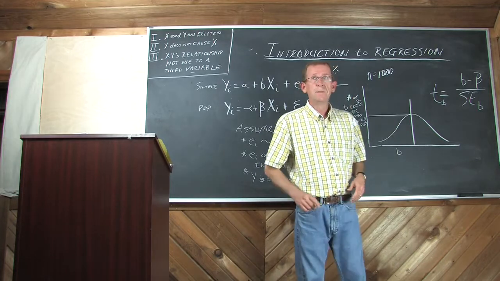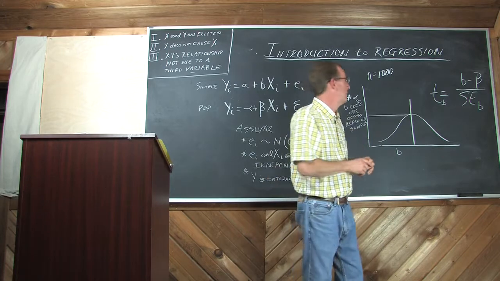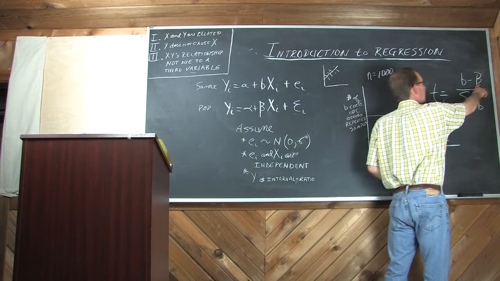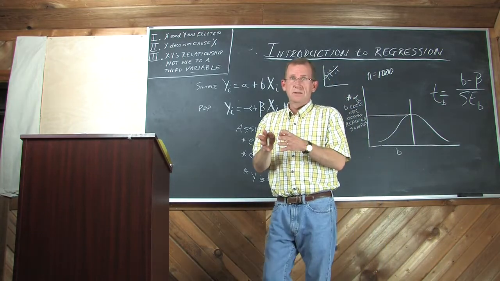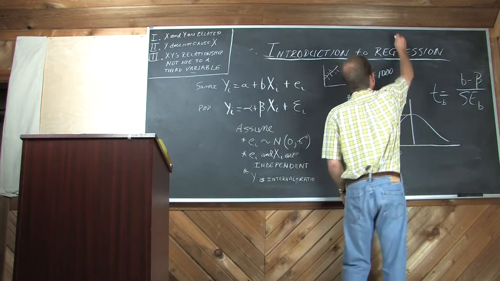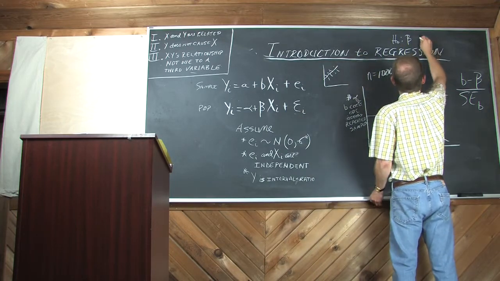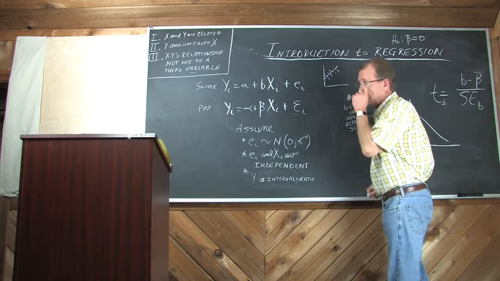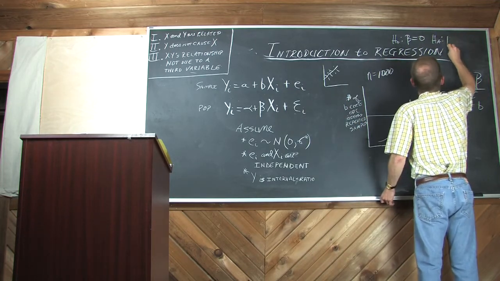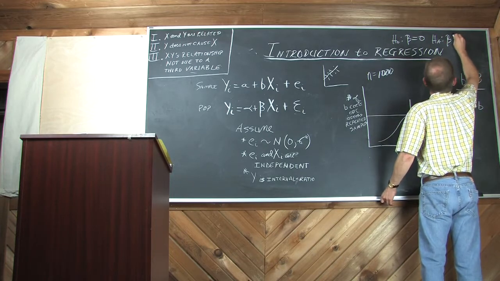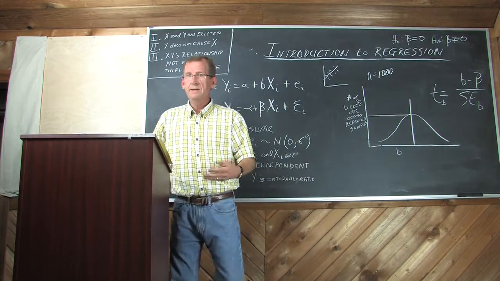And a lot of times, for the slope of a line, we're going to have a ready-made hypothesis. That is that beta is equal to 0. So our null hypothesis, in this case, and our alternative hypothesis, we'll make it two-sided.